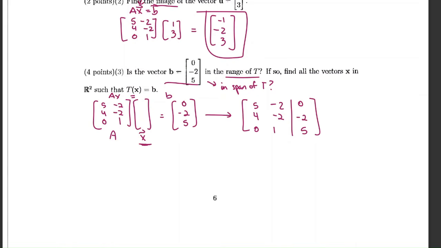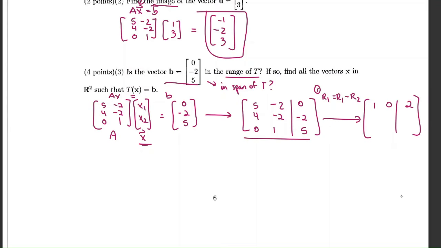And now we just do row reduction to figure out what our x1 and x2 would be, and to see if this gives us a solution. So you can row reduce, and that's pretty standard by this point in the exam. So do row 1 equals row 1 minus row 2, and I'll do this one first, and that will give me 1, 0, 2.